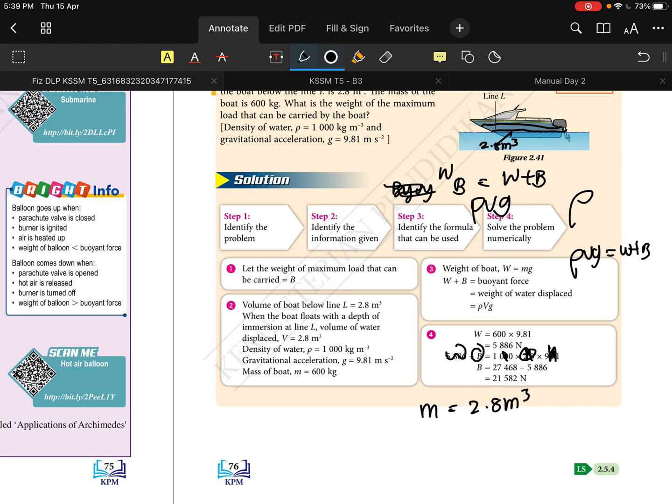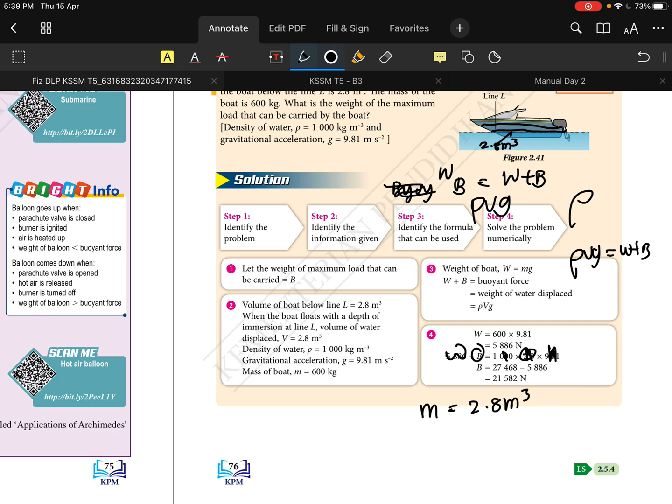newtons worth of weight. What if I don't have the extra weight? What if it's only the weight of the boat? Then your volume will be lower, since the weight cannot be decreased, the gravitational acceleration cannot be decreased, and the density cannot be decreased either.